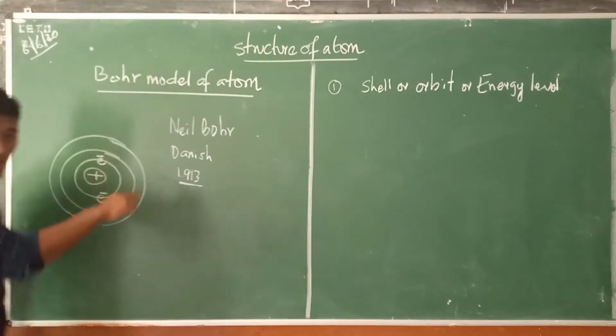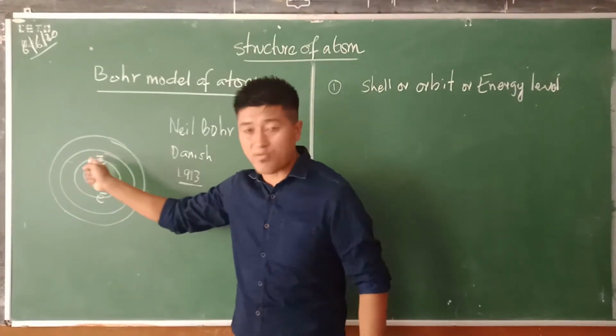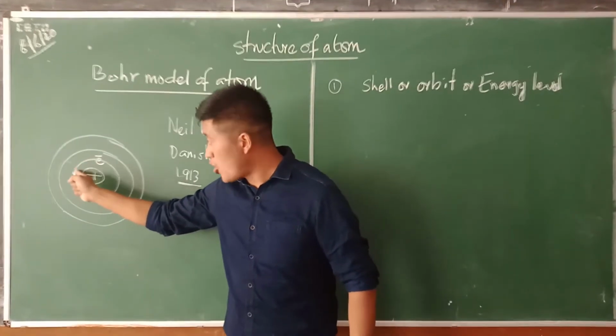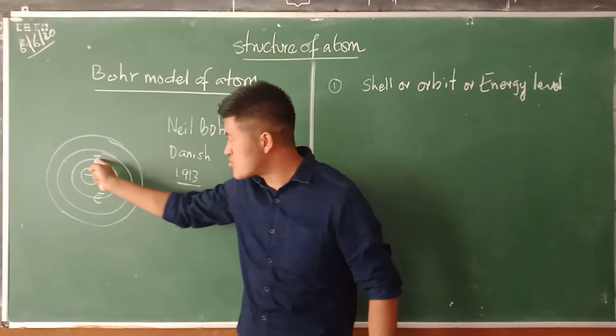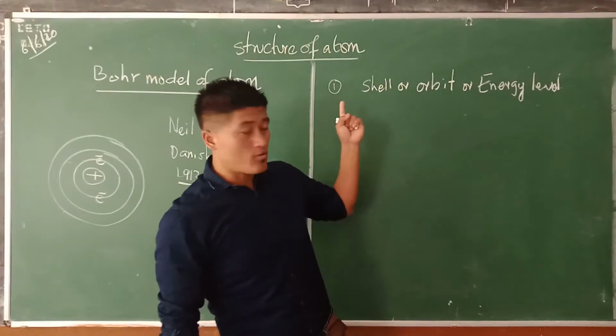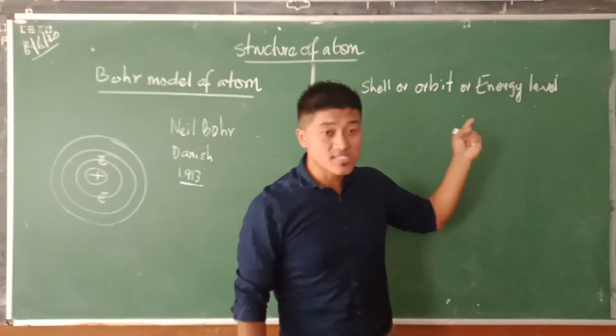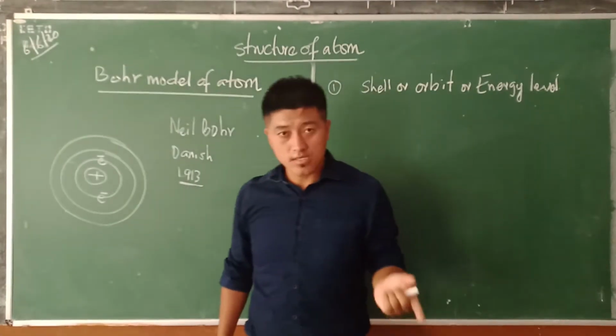According to Niels Bohr, the electrons are revolving around the positive sphere in a particular kind of orbit. This round circular path is what he termed an orbit, or in some cases we call this a shell, or in some cases an energy level. Is that clear?